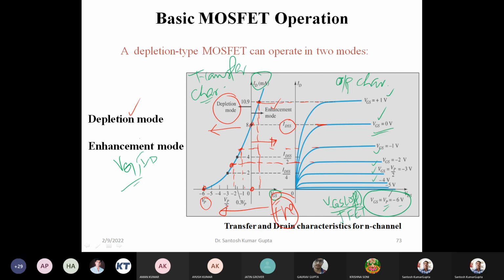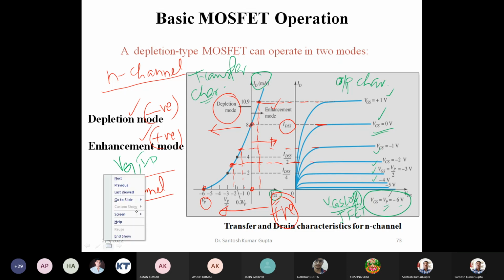So for N channel, this discussion is true only for N channel. We need to apply a negative gate voltage to operate in depletion mode and positive gate voltage to operate in enhancement mode. On the other hand, if we have a P channel, then what will we do? For P channel, the opposite thing will happen. Suppose we have here a P channel.